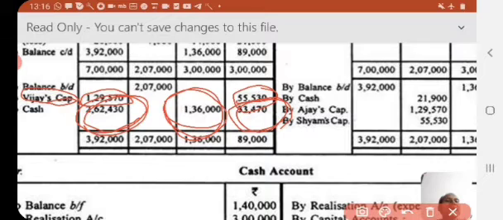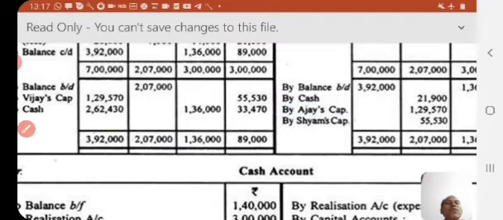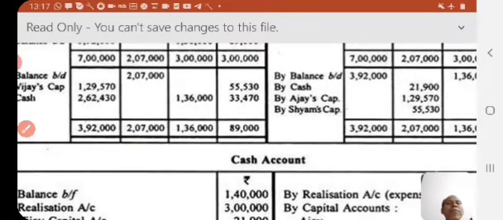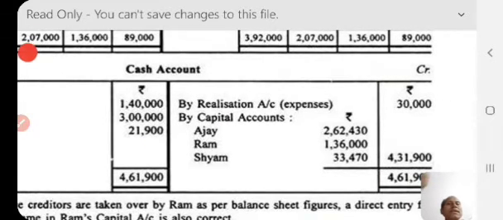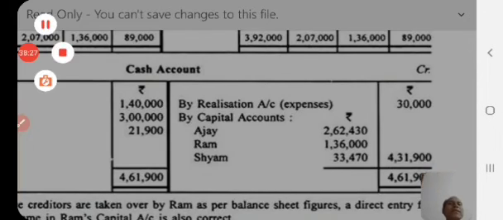So these three aspects are to be recorded in the cash account. See carefully. Once again, see carefully. Cash: 2,62,430, 1,36,000, 53,000. Sorry, this is 33,470 to be paid to the partners. This is what I have said.